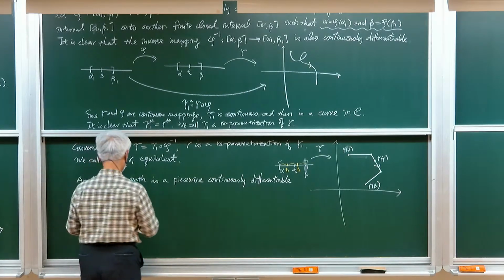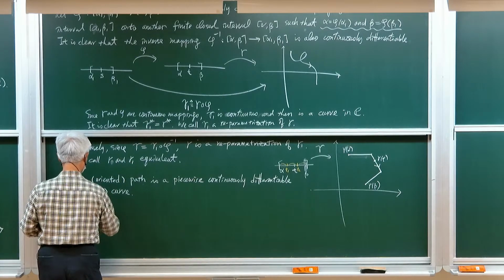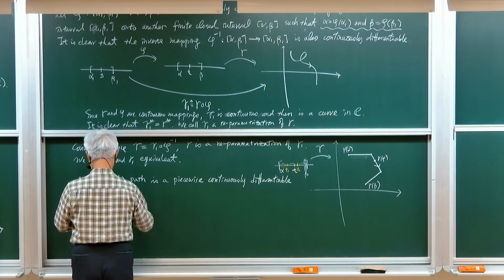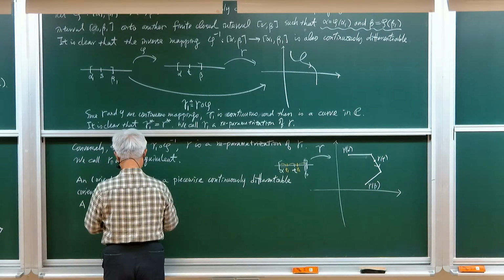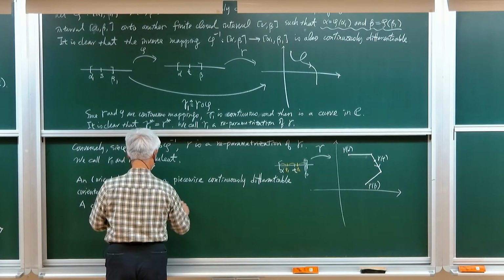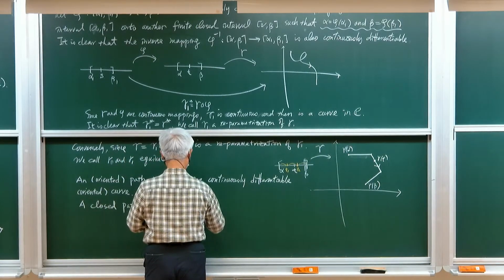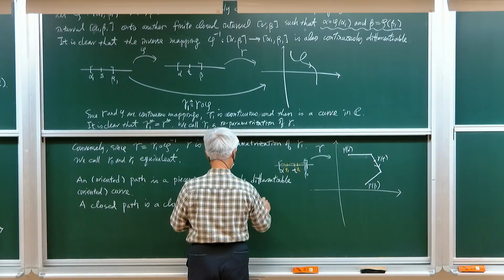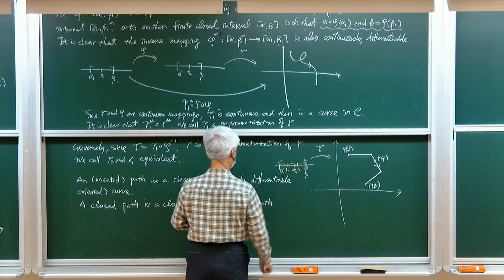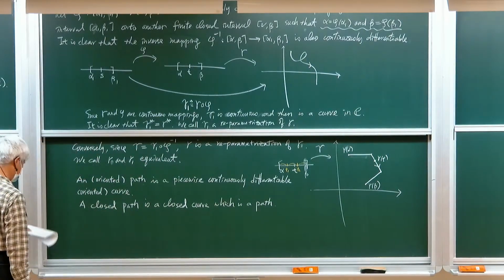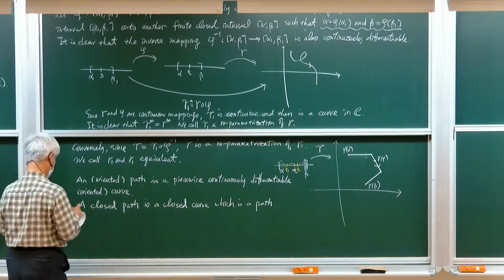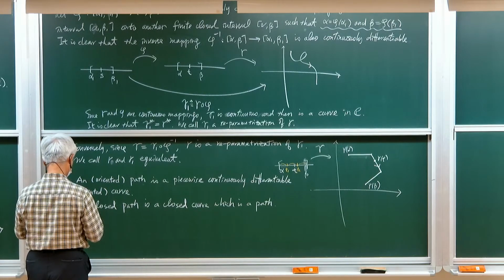Okay, and a closed path is a closed curve which is a path.